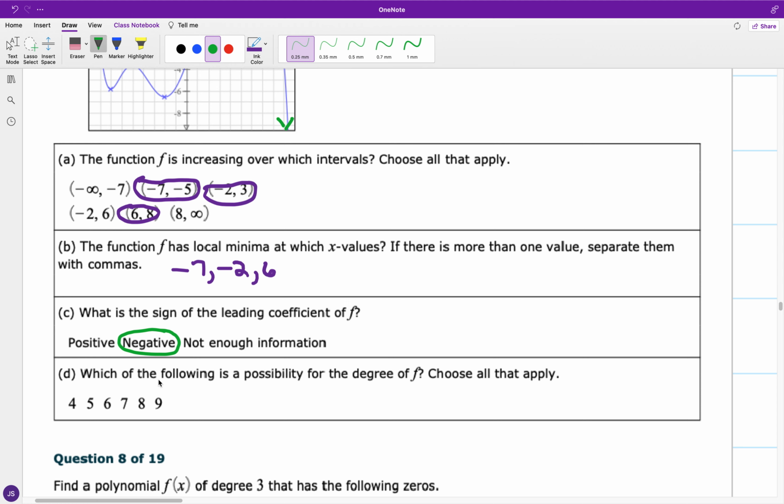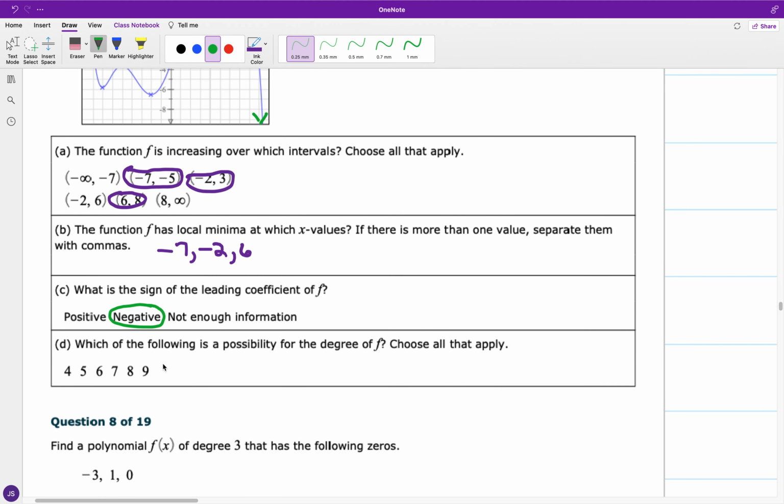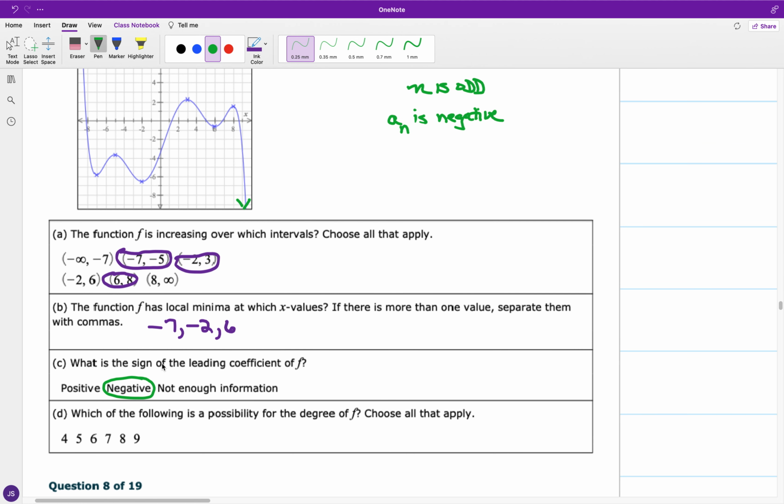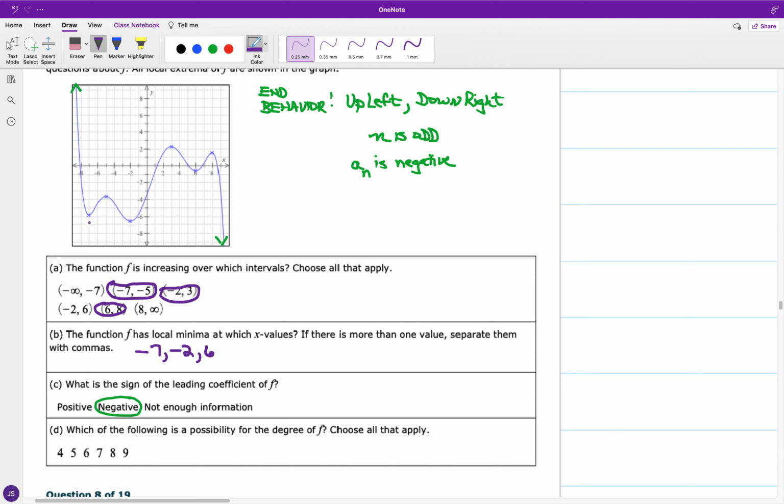In terms of the possible degrees of the function, this goes back to turning points. For turning points, you're counting up the total number of relative minimums and maximums. So in terms of the bottom and relative peak points, you've got first, second, third, fourth, fifth, and a sixth point, which is the remaining relative maximum.